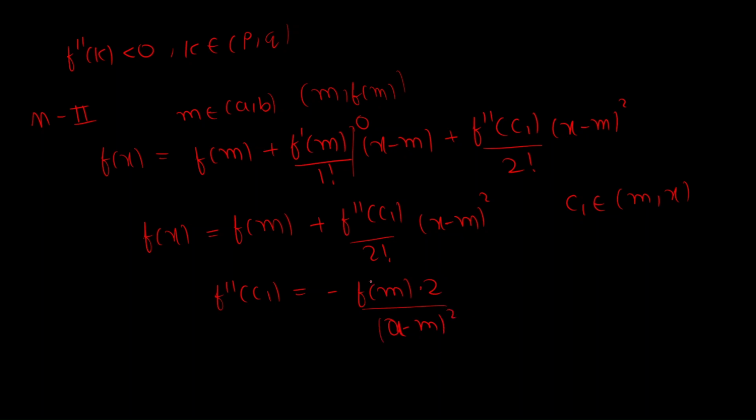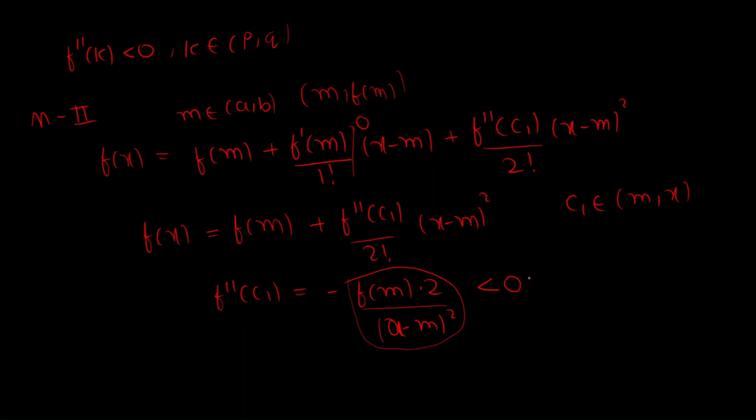Since we defined f of m to be the maximum, f of m will be a positive quantity, and also (a minus m) whole square is a positive quantity. Therefore this whole thing is strictly positive. When you multiply it with a negative sign, this whole thing will be strictly less than 0. Therefore f double dash of c1 is less than 0.